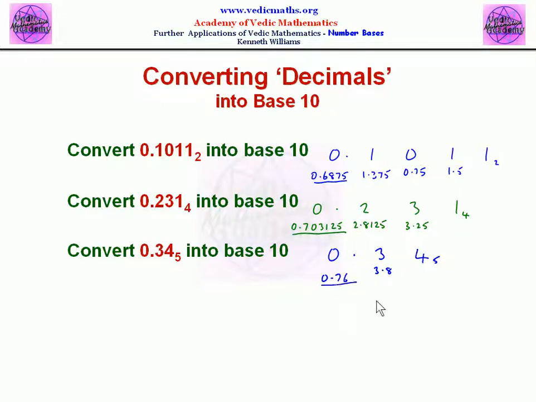That's the answer. Convert 0.8 in base 9 into base 10. It's a base 9 number, so I'm dividing 8 by 9, which is 0.8 recurring. So that's the answer.